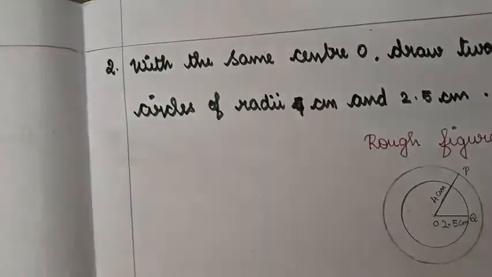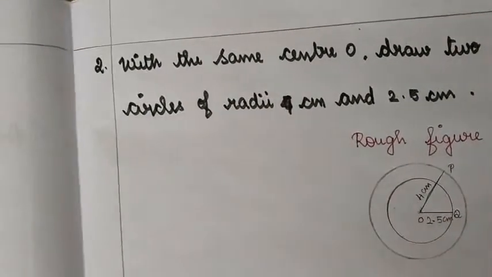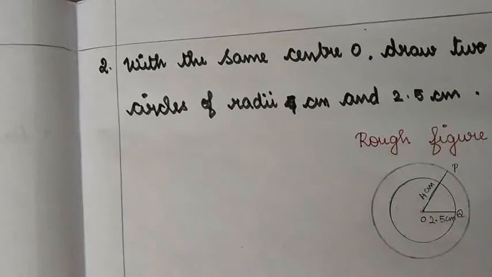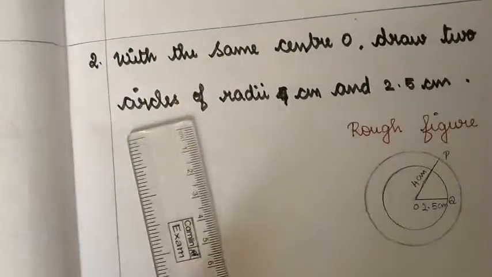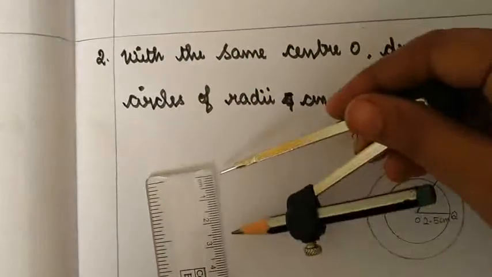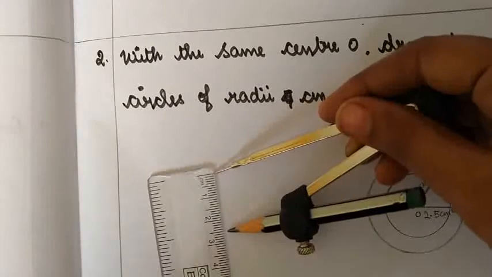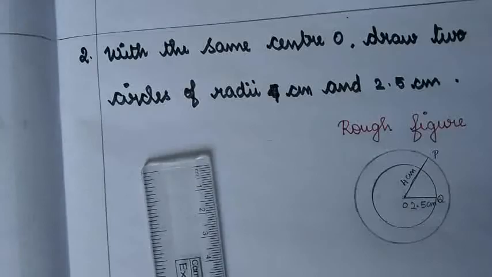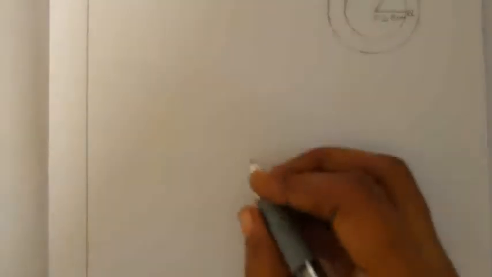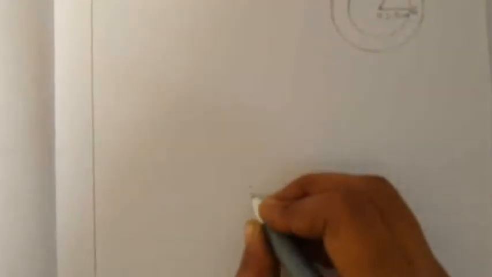First we have to take the measurement 2.5 by using the scale and compass. This is 2.5. First plot a point O as a center. Then draw a circle by the measurement of 2.5 centimeter.